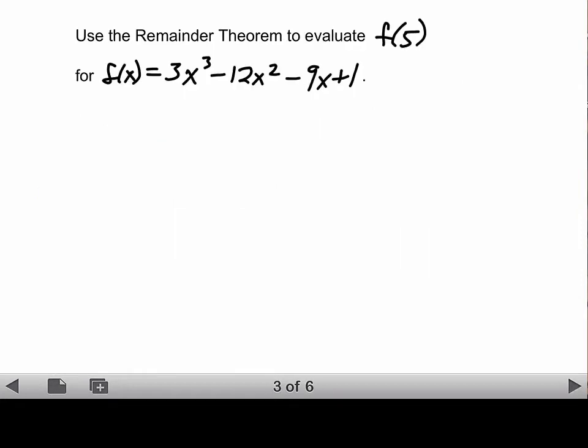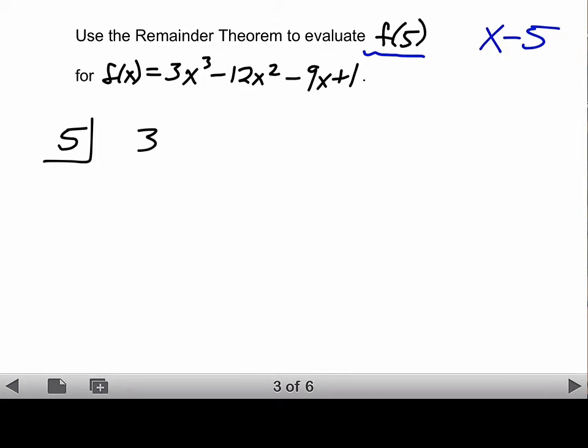Use the Remainder Theorem to evaluate f of 5 for f of x equals 3x cubed minus 12x squared minus 9x plus 1. So, I'm dividing essentially by x minus 5. But here's the deal. If you're asked to evaluate, for instance, f of 5, that number goes directly into the penalty box.